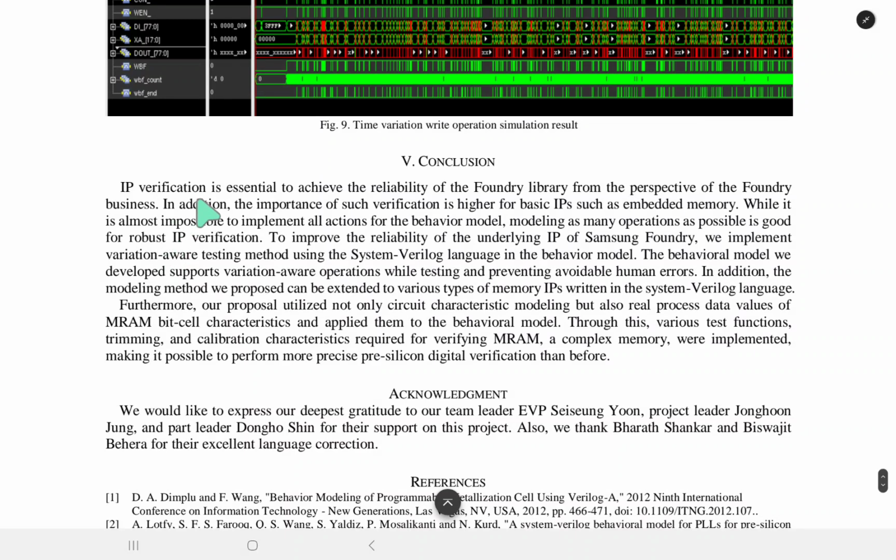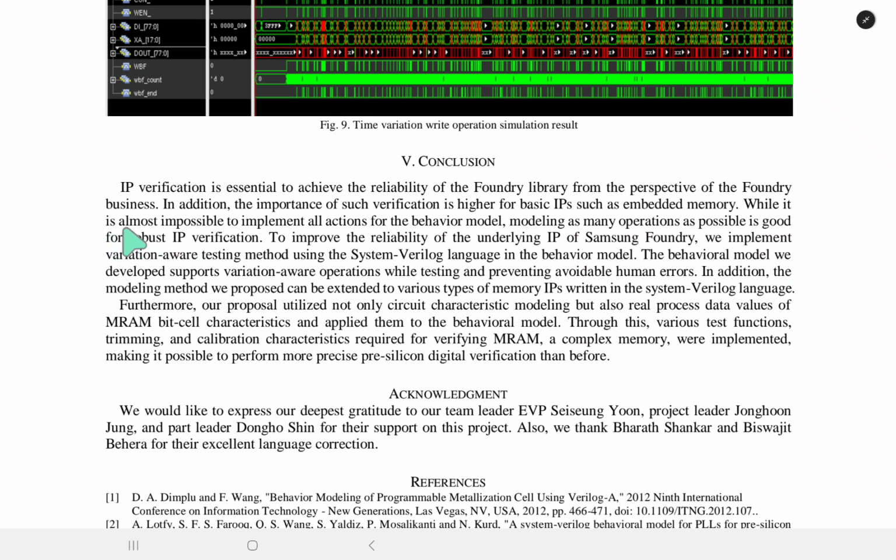Conclusion. IP verification is essential to achieve the reliability of the foundry library from the perspective of the foundry business. In addition, the importance of verification is higher for basic IPs such as embedded memory.